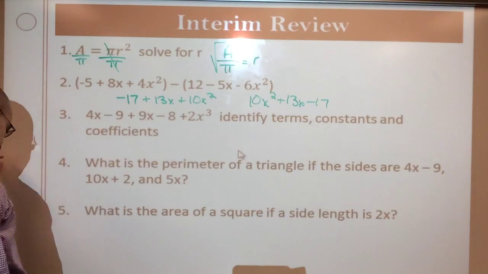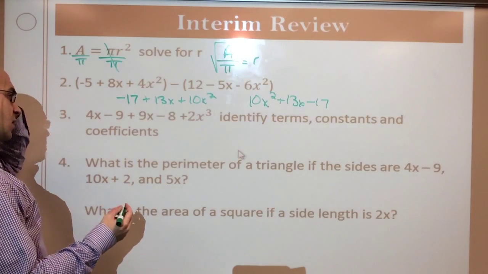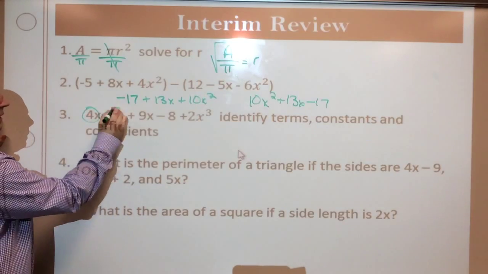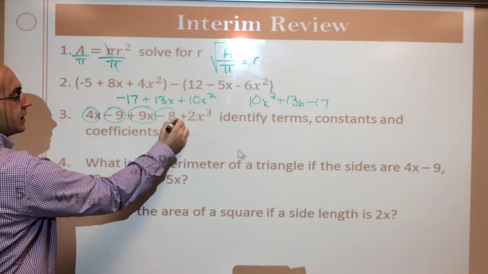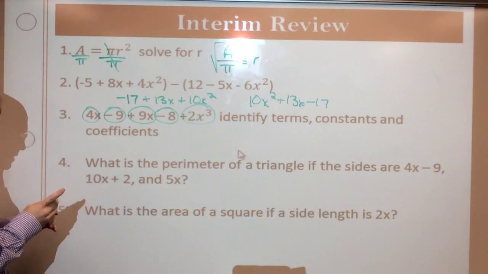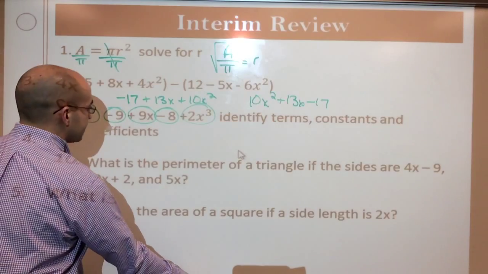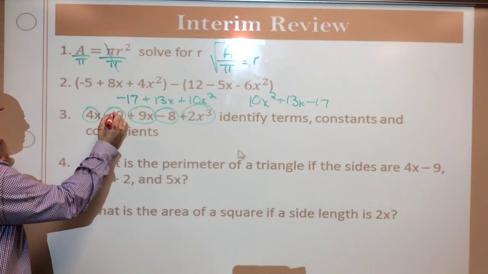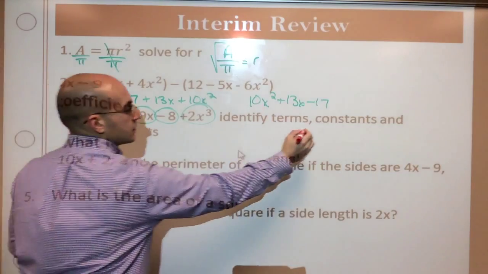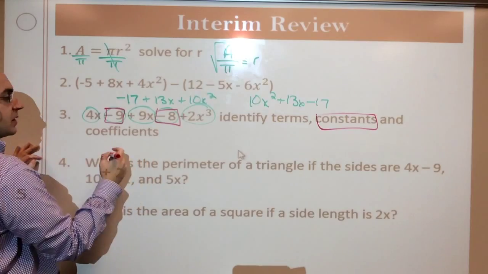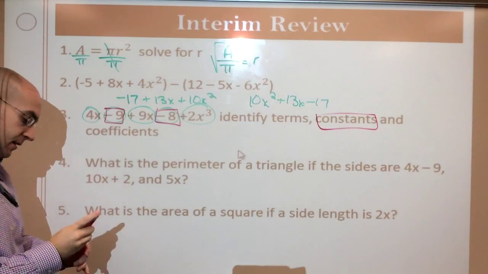Number 3, okay, so they're all terms. 4x is a term, negative 9 is a term, 9x is a term, negative 8 is a term, and 2x to the third, they're all terms. Now, the constants: constants are just regular numbers. That's a constant, right, because it's just an integer by itself.